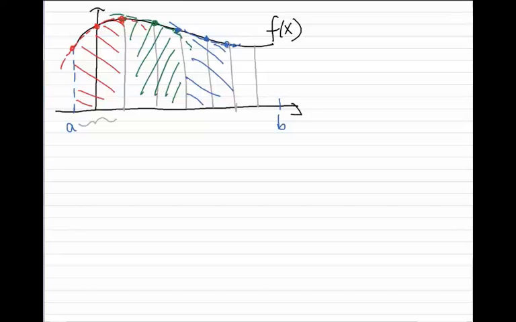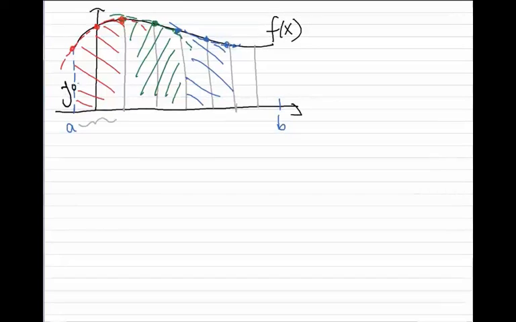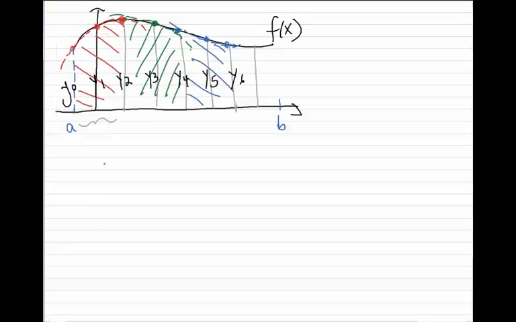Now if I were to write in the y0, y1, y2, y3, y4, y5, and y6 that we would have used by using the method that I outlined above, I would be able to say that for the pair of subintervals in red, that would be y sub 0 plus 4y1 plus y2 multiplied by your h over 3.